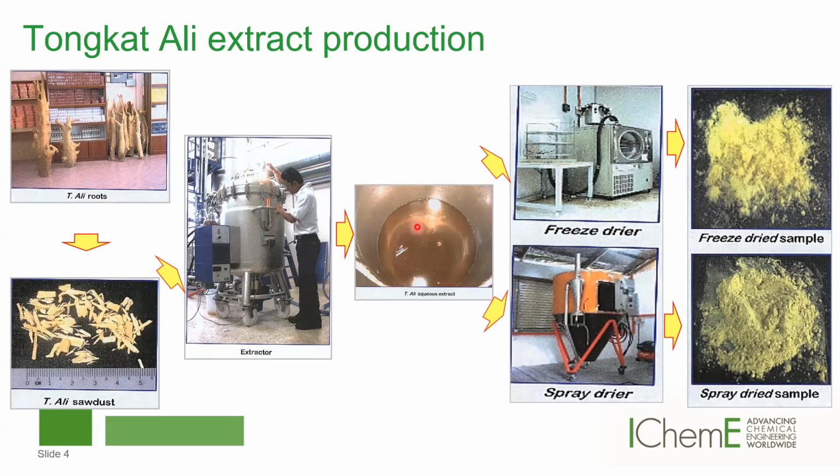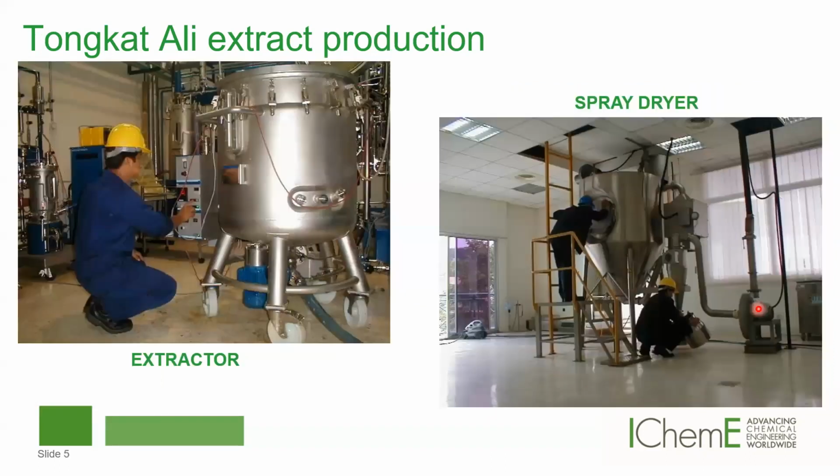Here the essence is extracted, and then it's sent to the drying operation. There are two ways: freeze dryer or spray dryer. And the final product would look like this, a powder.